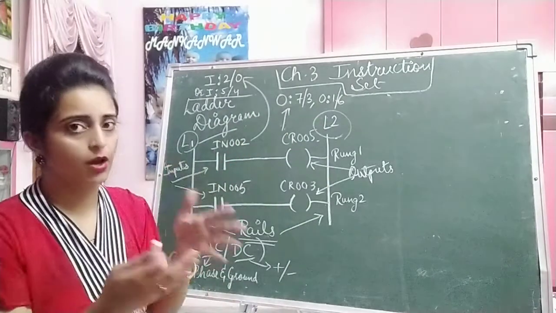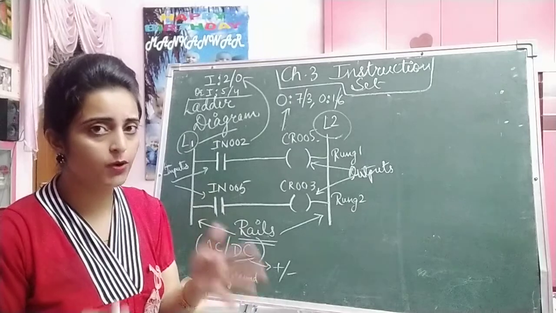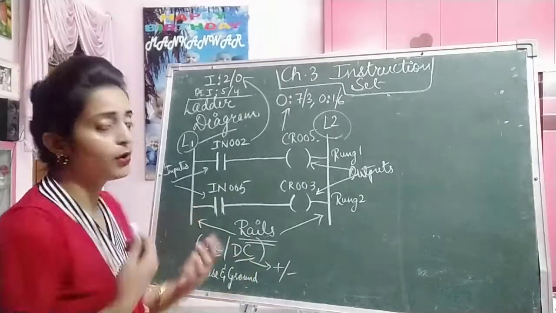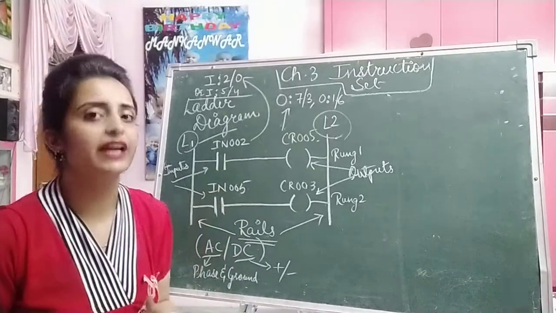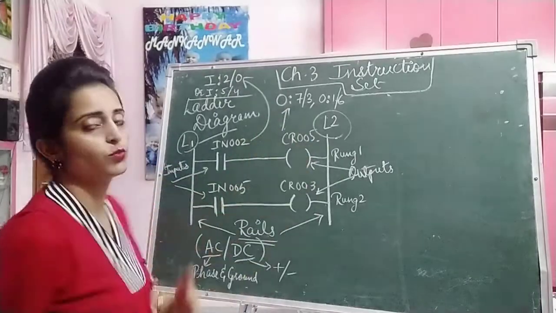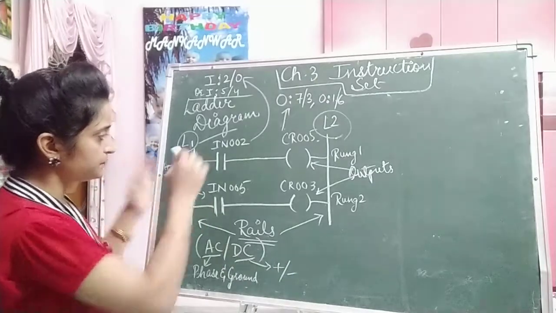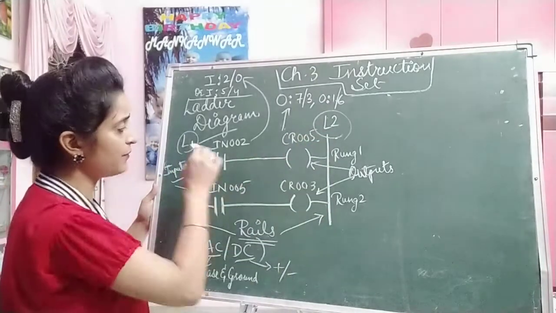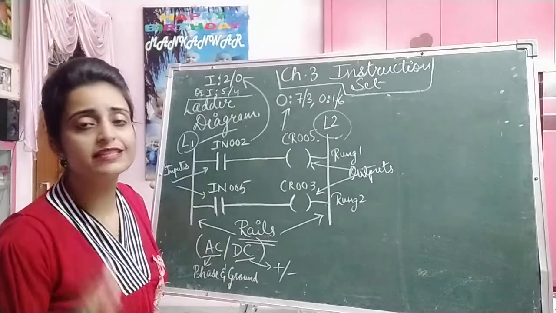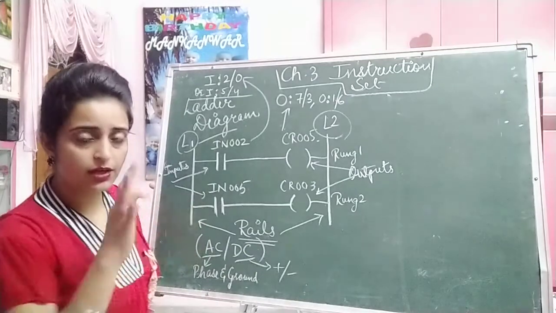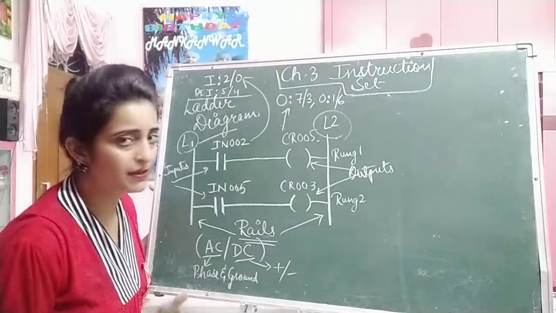When we talk about AC signals there are phase and ground, and when we talk about DC signals there are positive and negative signals. So this is the positive line and this one is the negative or ground line. These are the power supply lines called rails, used in your PLC programming language.